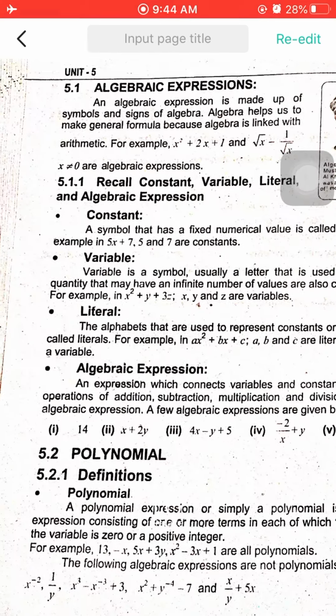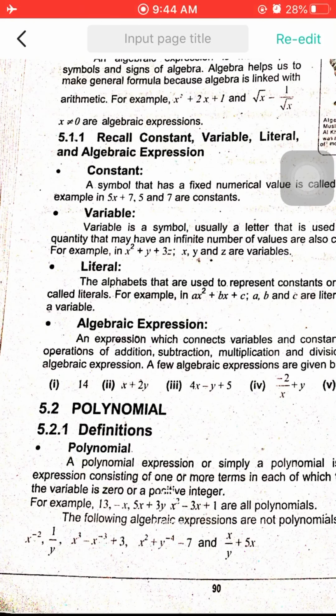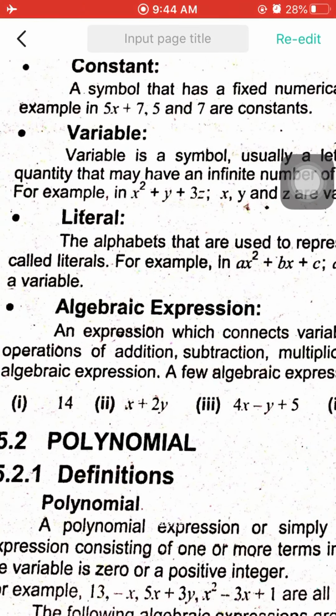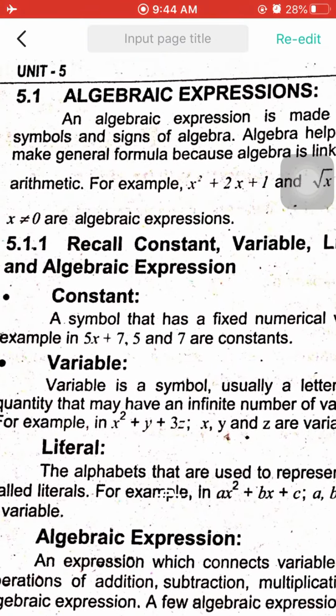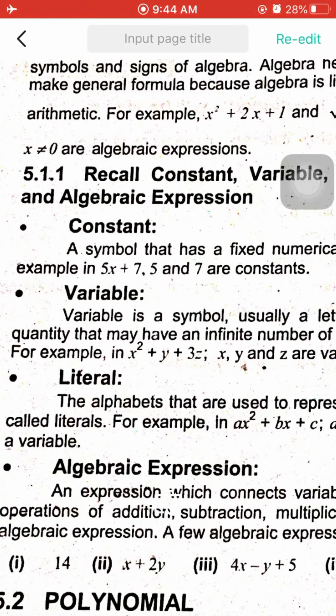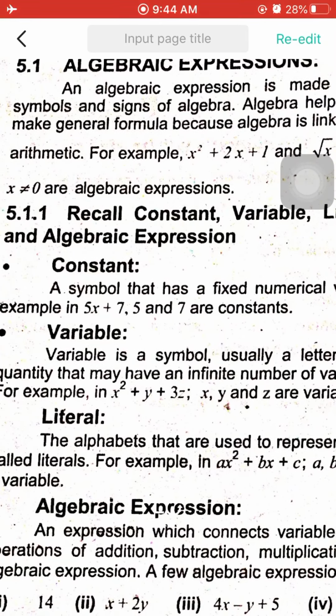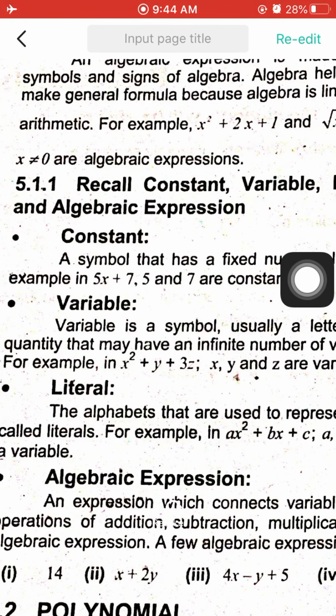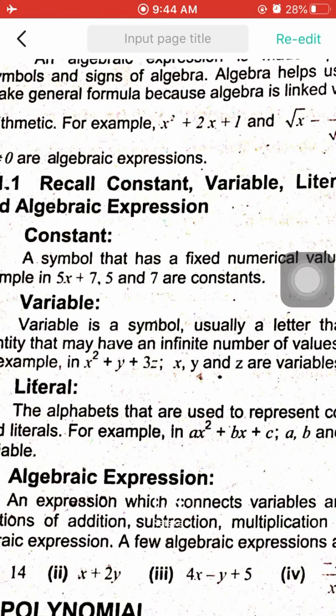Now students, we discuss what is constant, variable, literal and algebraic expression. Constant: a symbol that has a fixed value in an algebraic expression.